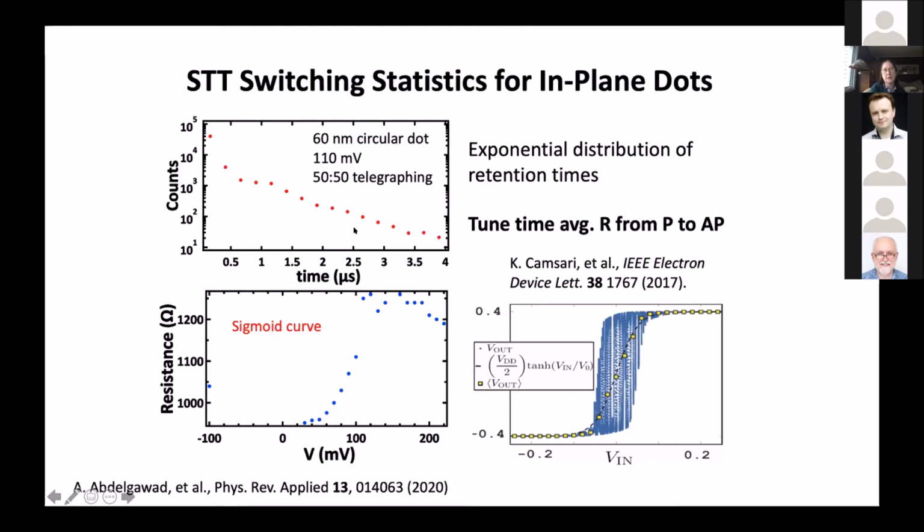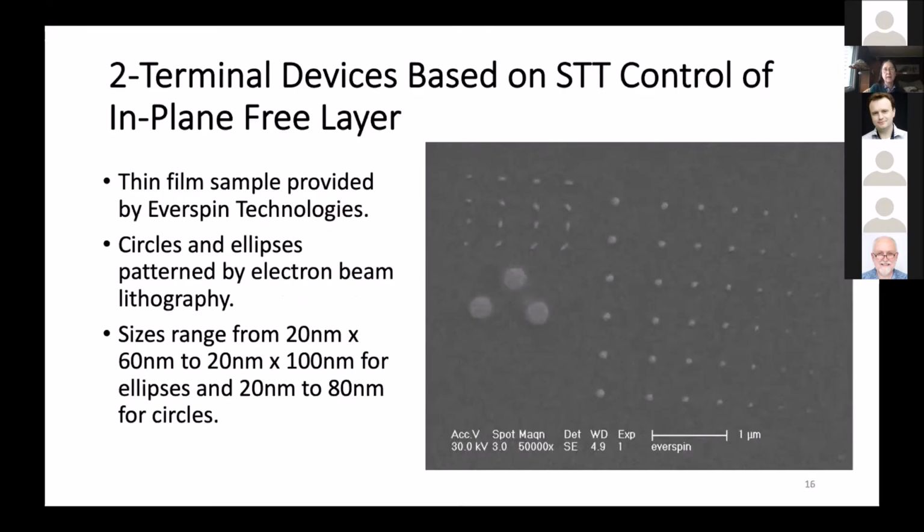We also look at the statistics of our events to see, are we looking at Arrhenius law behavior, and over the timescales that we're looking at, down to a few hundred nanoseconds, we are. When you go really small, you start to see deviations, and that just has to do with our binning electronics, not the physics. So we can make these devices, and now it's a question of what can we do with them.